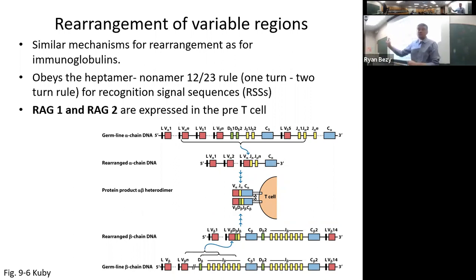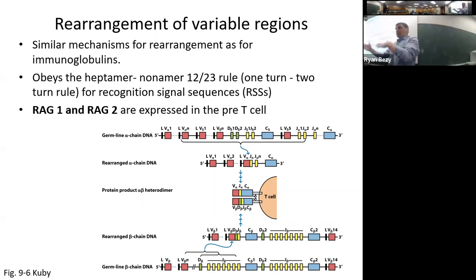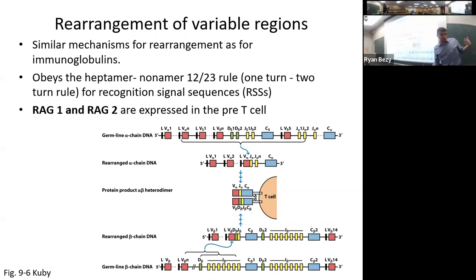So you're still going to have, upstream and downstream of these variable segments or J segments or D segments, 1-turn or 2-turn recombination signal sequences. You're going to have RAG1, RAG2 enzymes binding to those, cutting the DNA and stitching together a combination of the DNA.